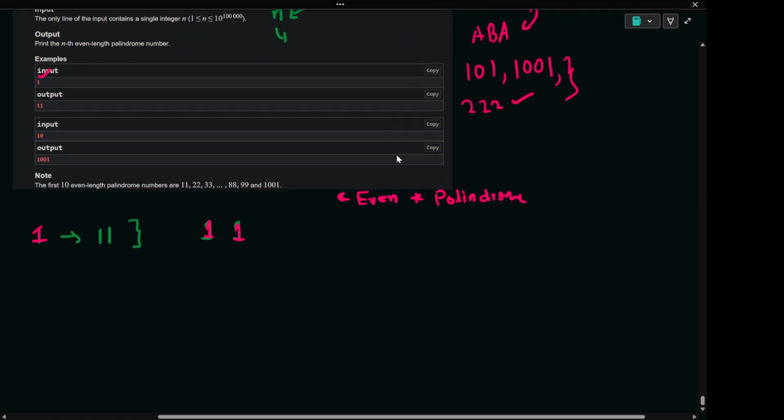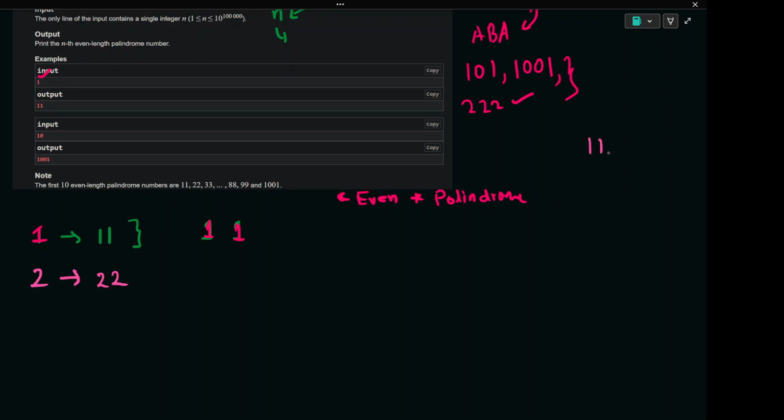Let's say the input was 2. What is the second palindrome number? Could 12 be the second palindrome number? No, right? The second palindrome number would be 22. Can you say any other number before this is a palindrome? From 11 to 21: 11, 12, 13, 14, 15.